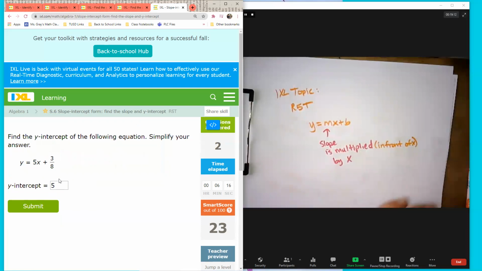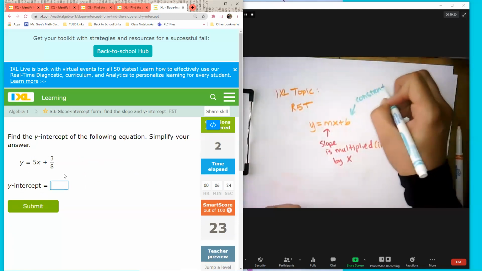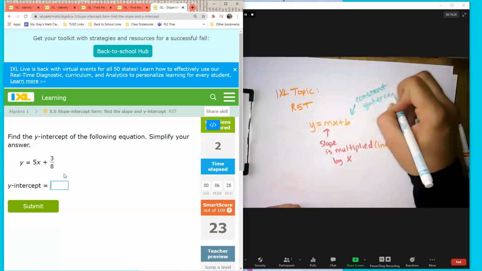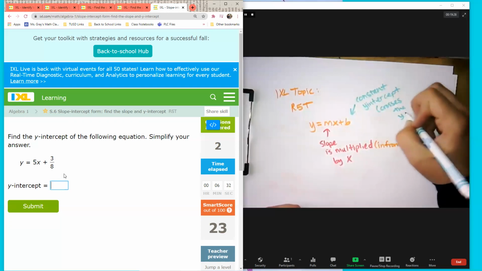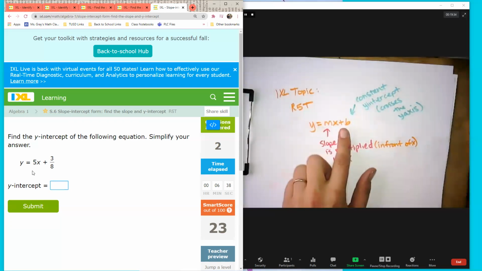So that brings me to the next part, which is that this number, this constant, this number by itself, is called the y-intercept. And on a graph, this is where it crosses the y-axis, which we'll talk about later. But just as a preview, we'll be able to look at it right now. So if I'm looking for the y-intercept, then instead of the number in front of x, I'm looking for the number that's by itself, which is 3.